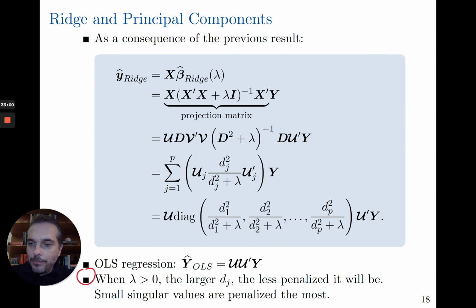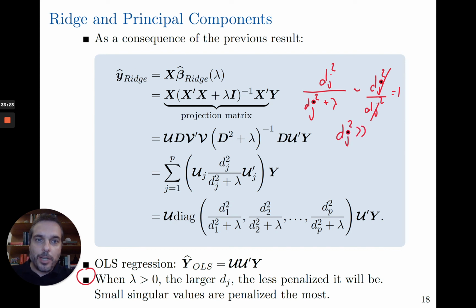Lambda is negligible compared to dj squared. So dj squared plus lambda will be approximately equal to dj squared, and the ratio will be equal to 1. So whenever dj squared is much larger than lambda, this will happen.